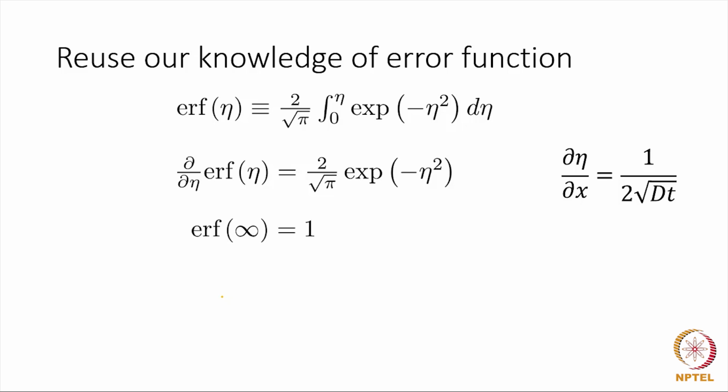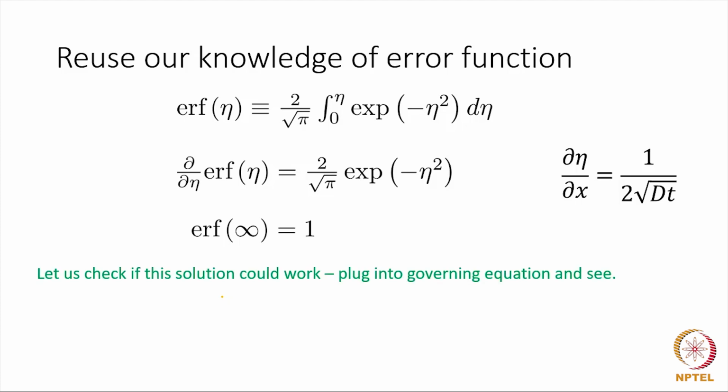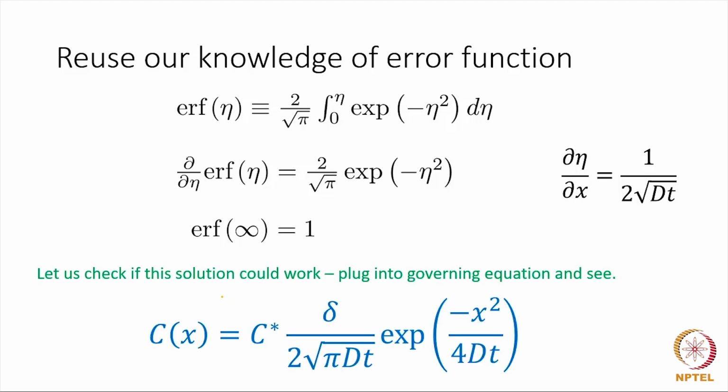So we just substitute that, and because we know that error function at infinity is 1, we can try and plug in this, and here we see that what we have done is nothing but this is plugged in here, and then we have a scaling factor C star and delta as required by the boundary condition.